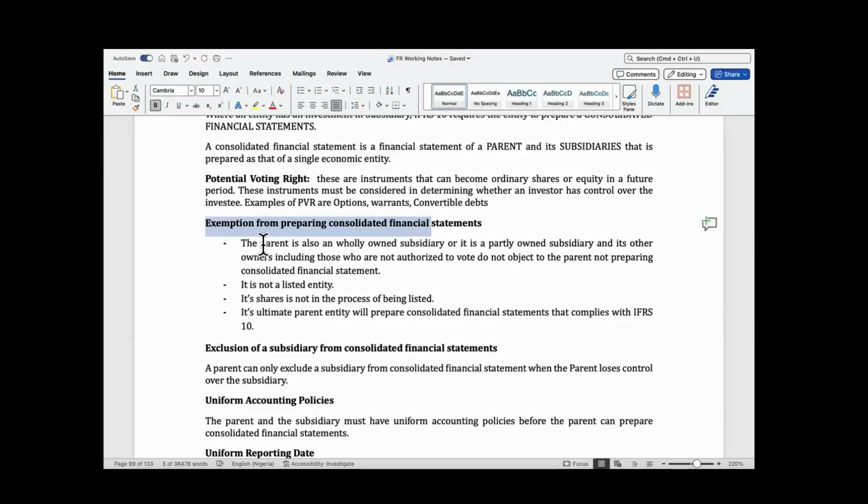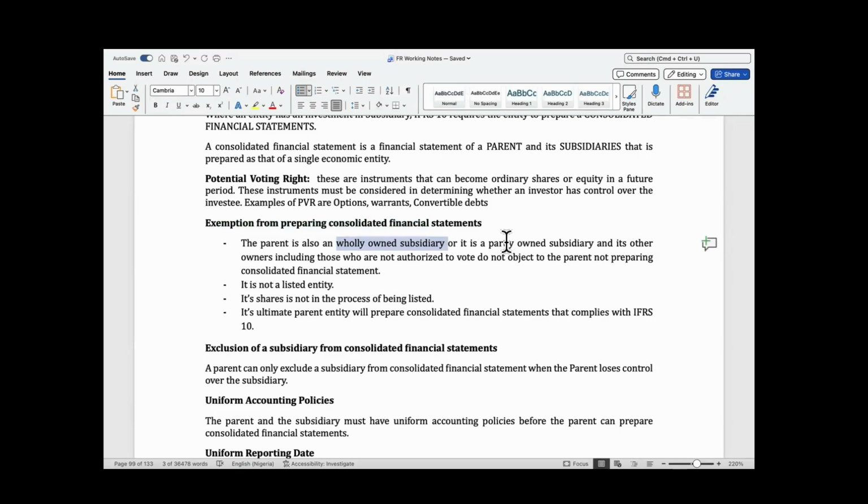So if the following exists, then you might not necessarily prepare a consolidated financial statement. Number one is that if you yourself are a wholly owned subsidiary or a partly owned subsidiary of another entity, and your owners don't object to you not preparing consolidated financial statements.